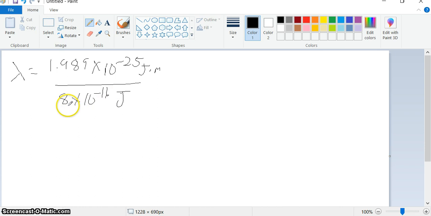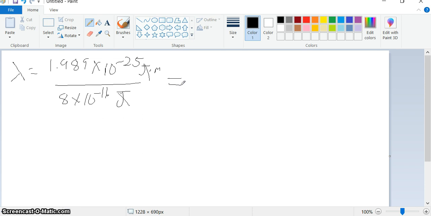So we just converted the energy of 5,000 electron volts into joules, and this would be 8 times 10 to the minus 16th joules, and then of course the joules cancel, and that will give us our wavelength in meters, which is ultimately what we want.